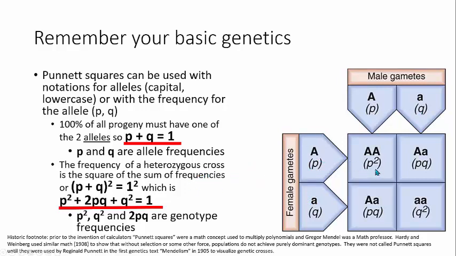And then when we get them together, P times P equals P squared, and P times Q equals PQ. Of course, the same happens here. So we end up with two of these PQs, one each of P squared and Q squared. They are equivalent, of course, to our homozygote dominant for P squared, carriers for 2PQ, and Q squared is our recessives.